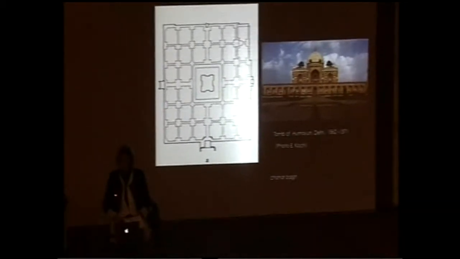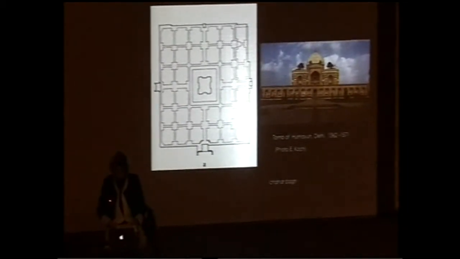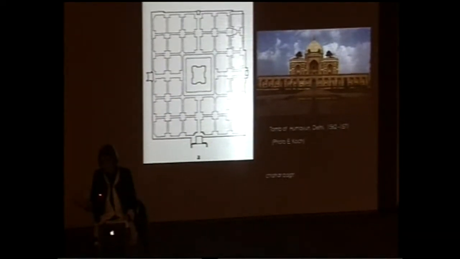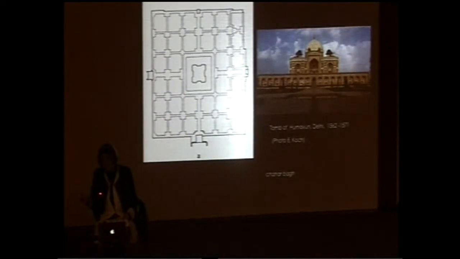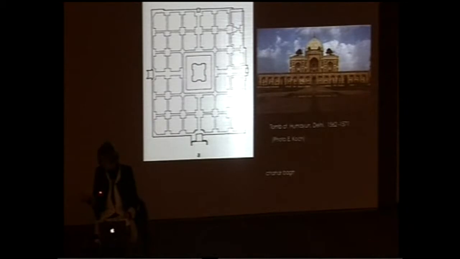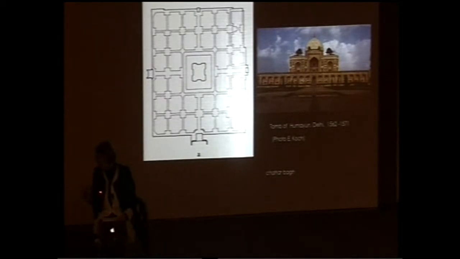The facing of the tomb with red sandstone and white marble also has a strong symbolic connotation, because when I looked at the Shastras, the ancient Indian books about how to build correctly, white is recommended as a color for the Brahmin and red as a color for the Kshatriyas, the warrior caste.